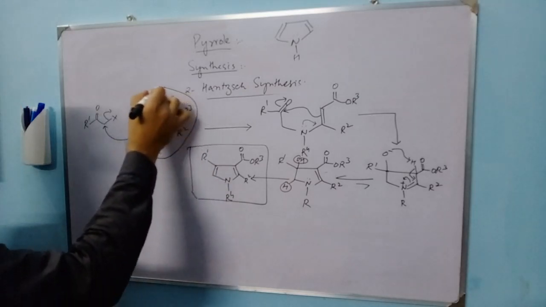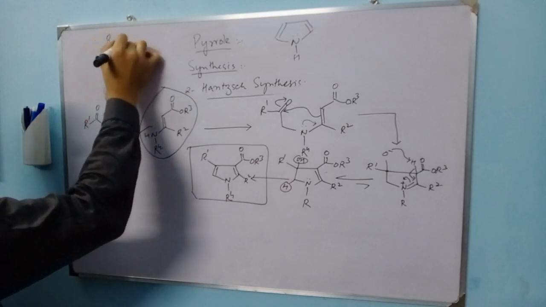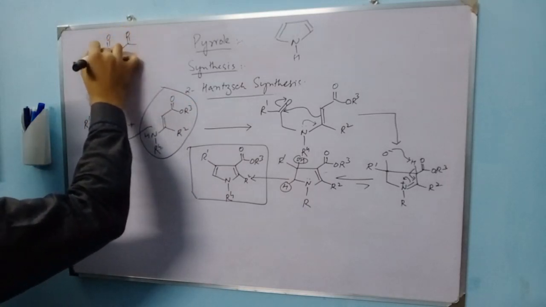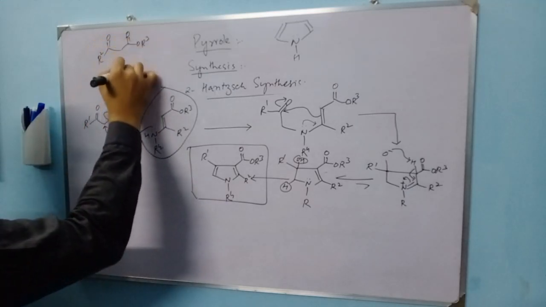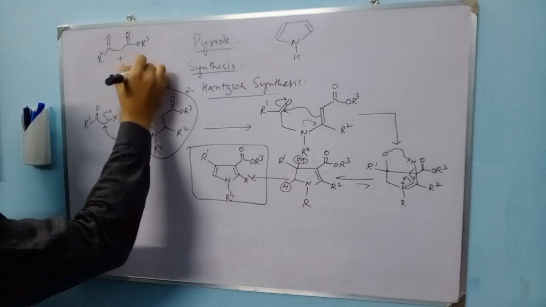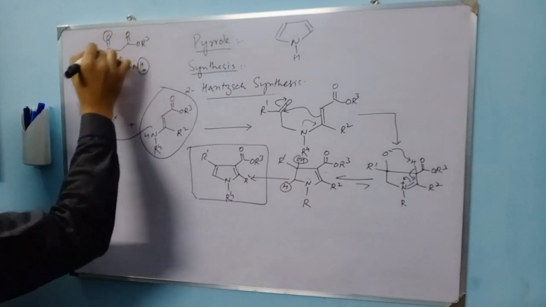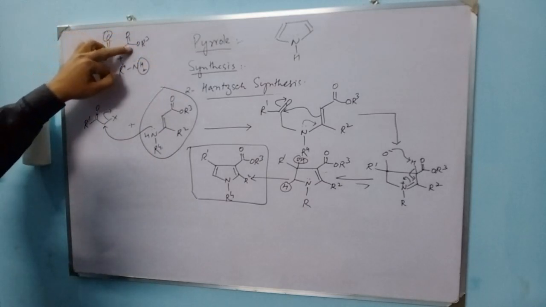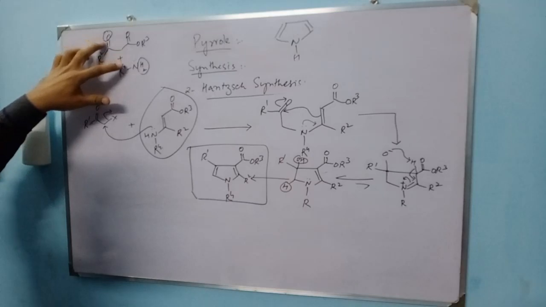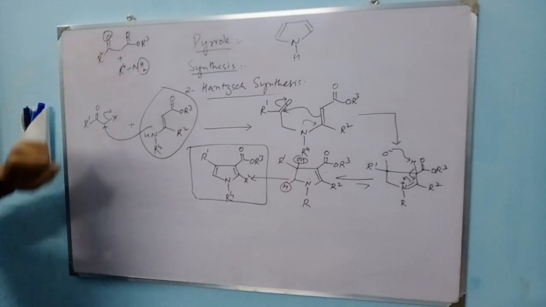This intermediate is formed through the reaction of beta ketoester, this one, with primary amine which we used, and it goes through condensation reaction because amine attacks on ketone, and ketone is more reactive as compared to ester, so the reaction between ketone and amine takes place. As a result, imine is formed.